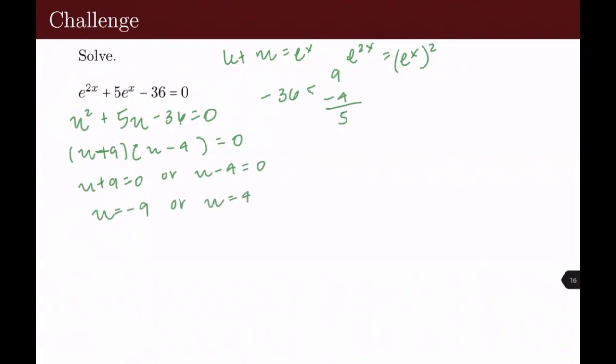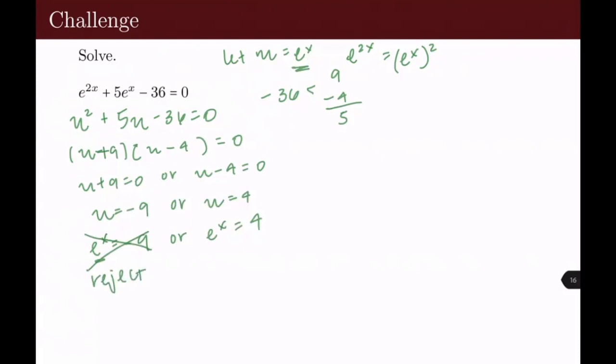But since u was e to the x, we're not done here. This means e to the x equals negative 9, or e to the x equals 4. Remember, we can never raise a positive number to an exponent and get a negative. So we reject this solution. We can never have a negative.